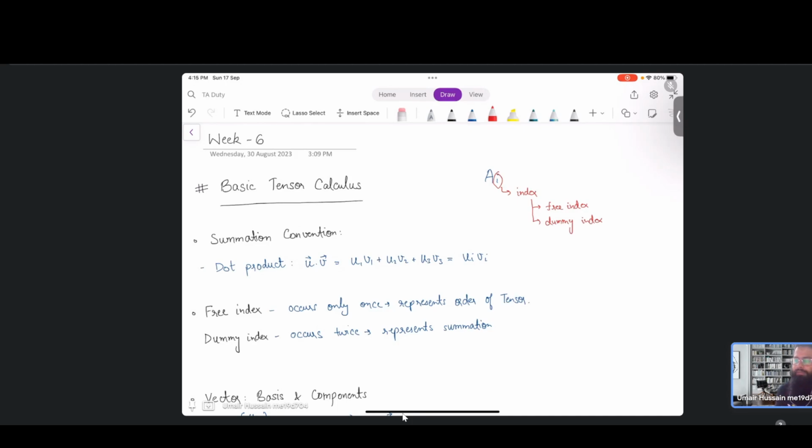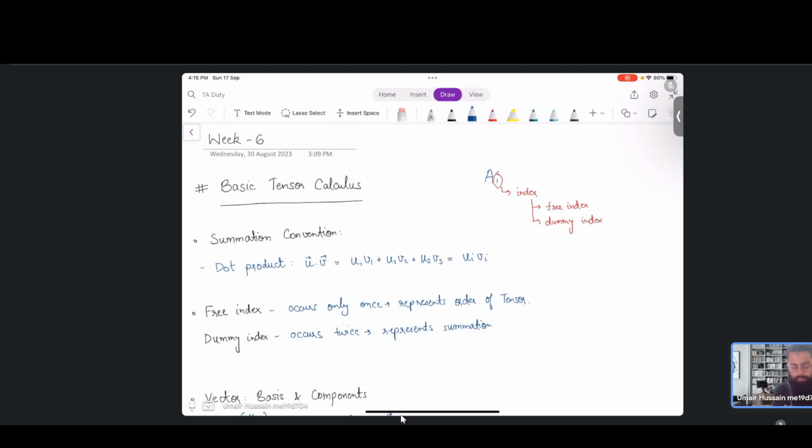There's a rule that repetition of any index more than two times is not allowed, so it can occur either once or twice. This summation convention is also known as the Einstein summation convention, and an example of this can be understood using the dot product.